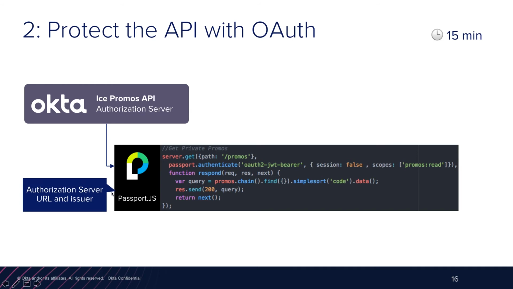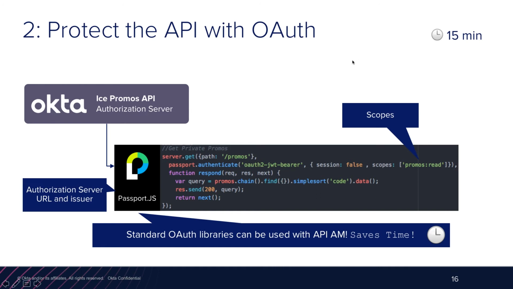And as you remember, I just changed the authorization URL in the issuer to refer back to Okta. And then that promos read custom scope I created, which I expect in the access token, I check for it. If the request doesn't have it, the user is not authorized to make a promos premium call.